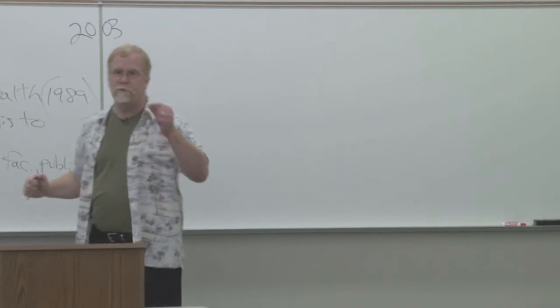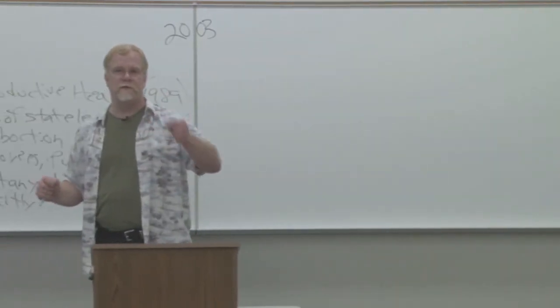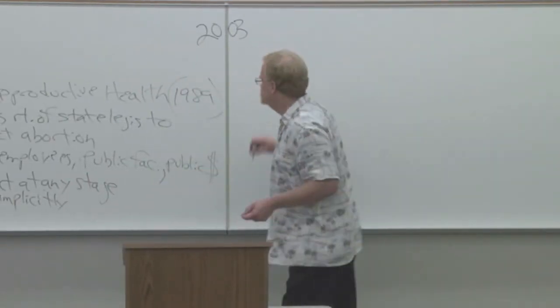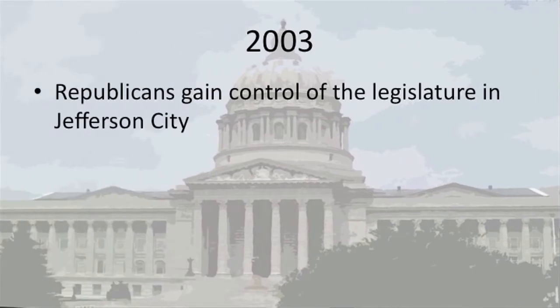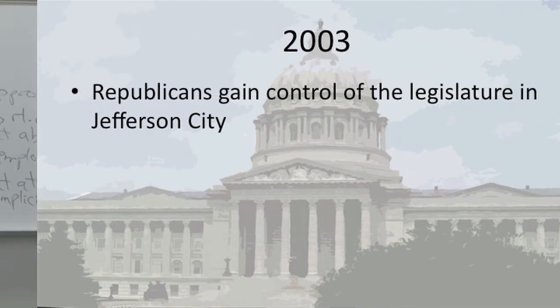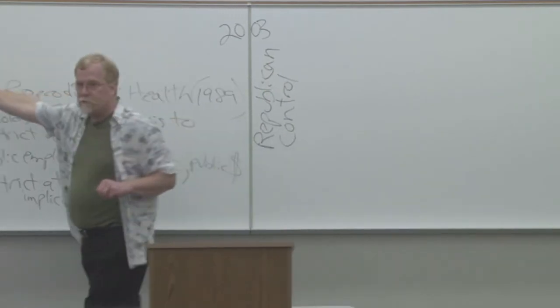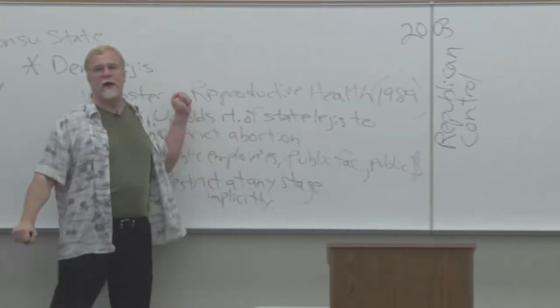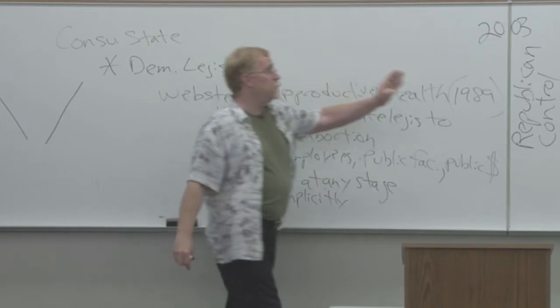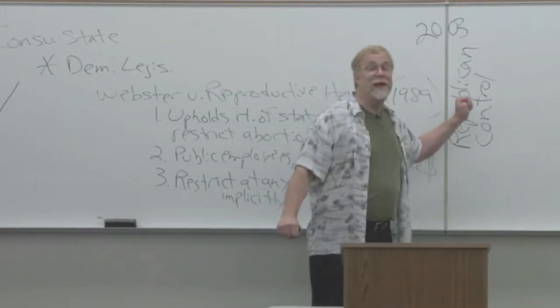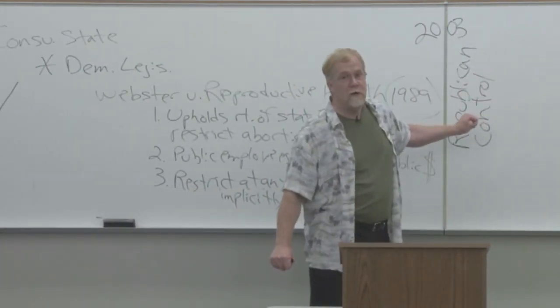The Republicans gain control of the General Assembly in Jefferson City. Okay, Missouri is a conservative state controlled by the Democratic Party. Missouri is a conservative state in 2003, now controlled by the Republican Party.